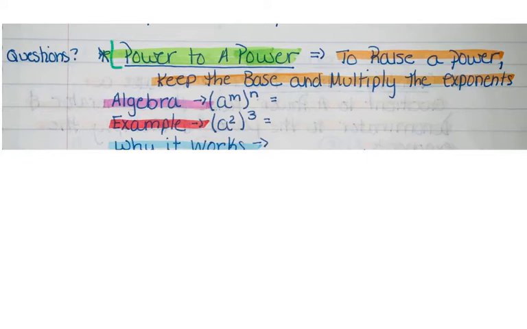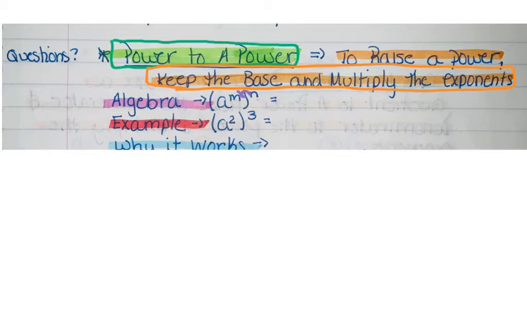Power to a power. When we have a power to a power, you need to keep the base and multiply the exponents. If I'm looking at this through algebra, I'm essentially distributing the outside power to the inside exponent.